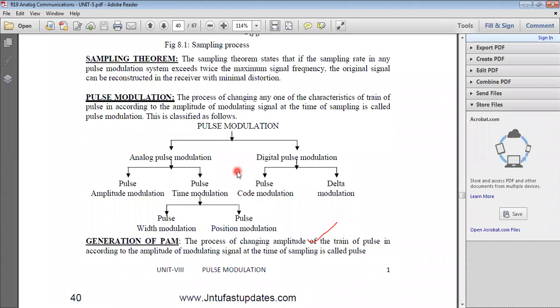So in the case of analog pulse modulation, the data is sent in the form of pulses whose characteristics change according to the amplitude of the modulating signal.